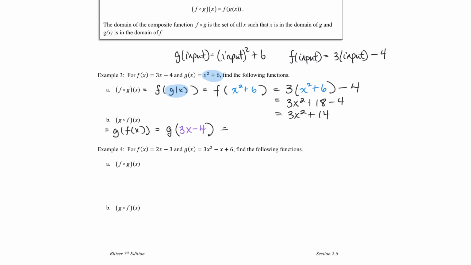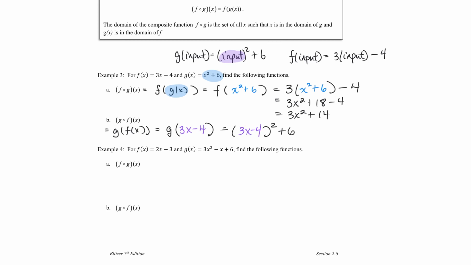What's the input this time? It's 3x minus 4, right? So I'm going to take 3x minus 4, square it, and then add 6. Am I following the rule that g is defined by? Input squared plus 6. What's my input? 3x minus 4.